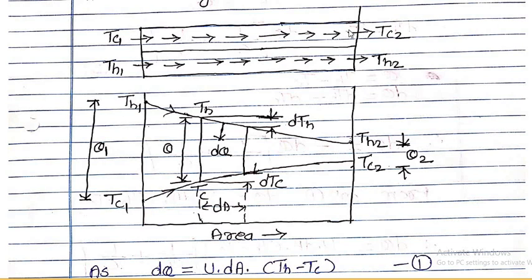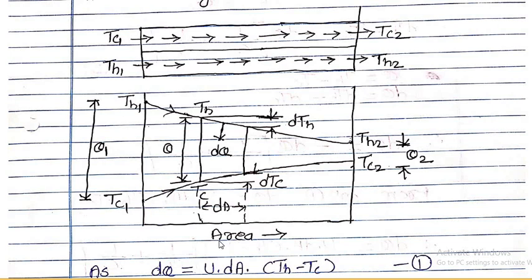As the hot fluid flows over the heating surface area, through the heat exchanger, its temperature goes on decreasing, and as the cold fluid flows inside the heat exchanger, its temperature goes on increasing in this manner.